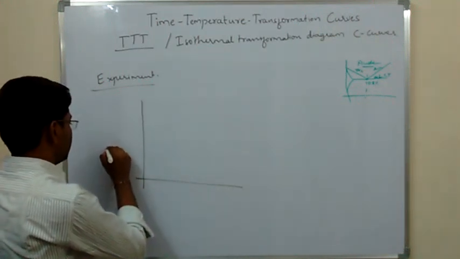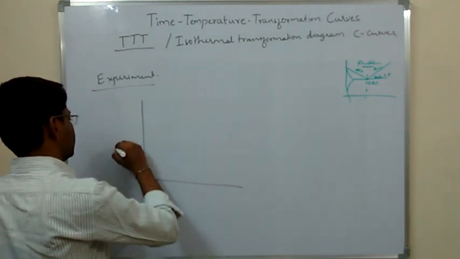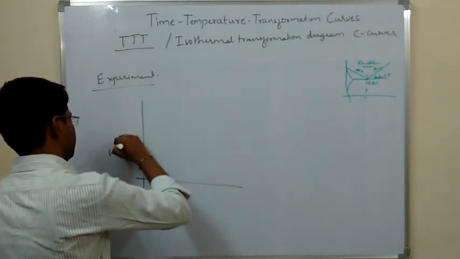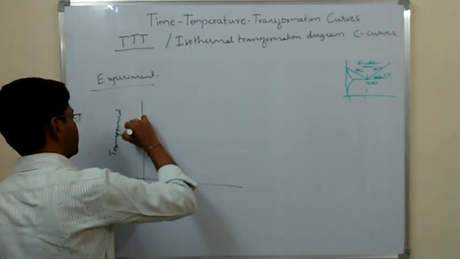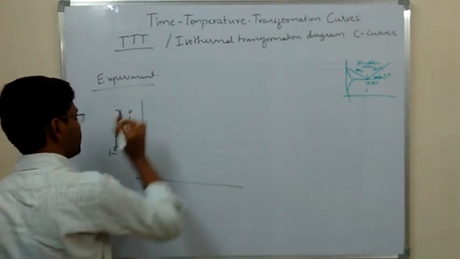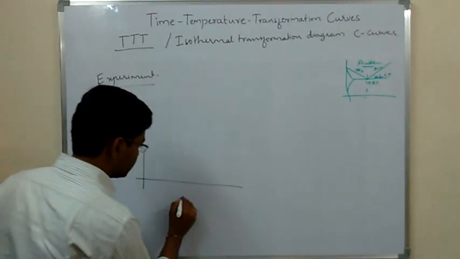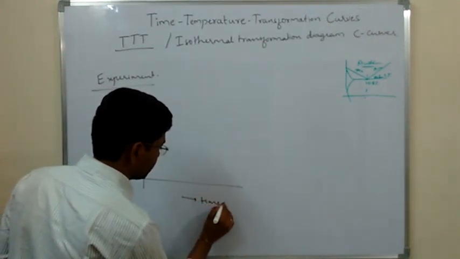This is the percentage of austenite transformed, and here this is the time in seconds.